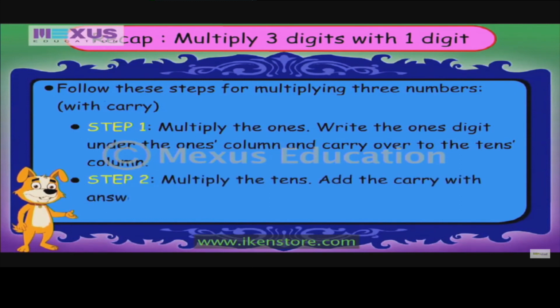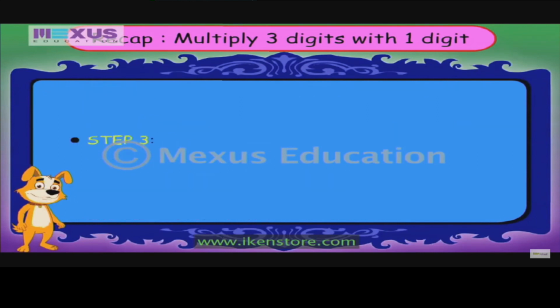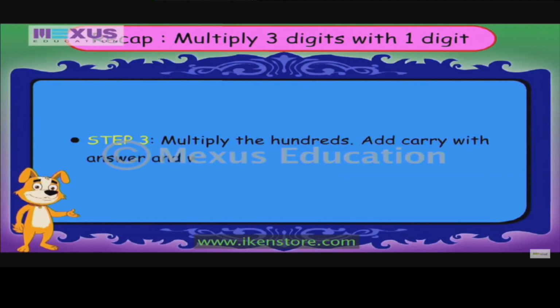Add the carry with the answer and write the tens under the tens column and carry over to the hundreds column. Step 3. Multiply the hundreds. Add the carry with the answer and write under the hundreds column.